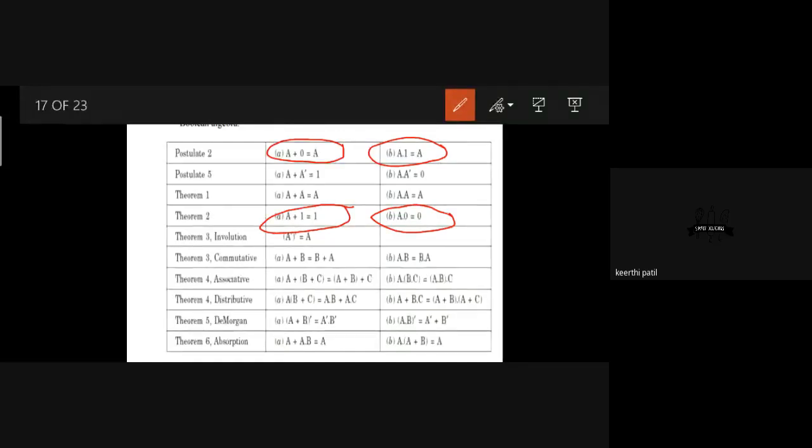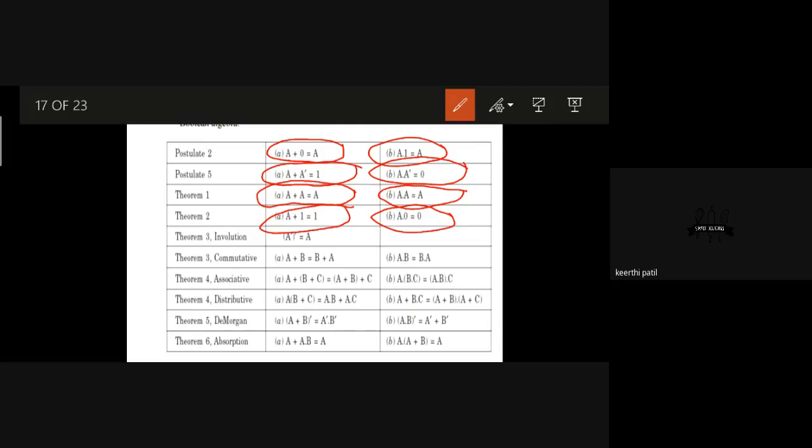Next, you have the idempotent law, which says A plus A is equal to A and A dot A is equal to A. This is your idempotent law. Then you have the complement law, which says A plus A bar is equal to 1 and A dot A bar is equal to 0.